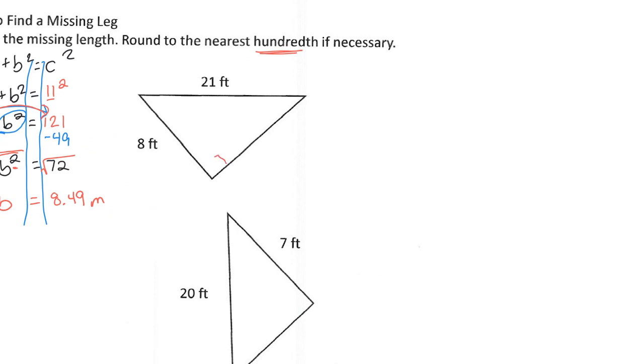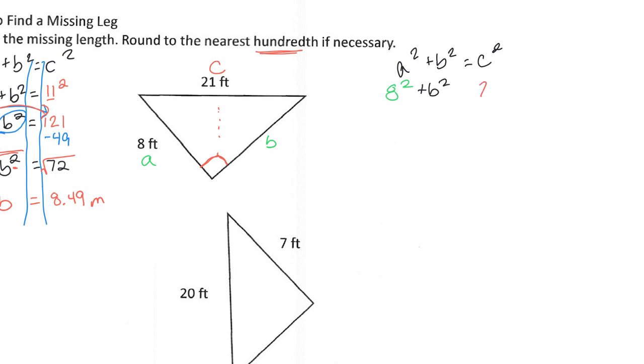All right, so here's the right angle, which means that this is my hypotenuse, which means that these are my legs. And we plug it into A squared plus B squared equals C squared. Okay, so let's start plugging things in. A squared is 8 squared. B squared we're going to leave.